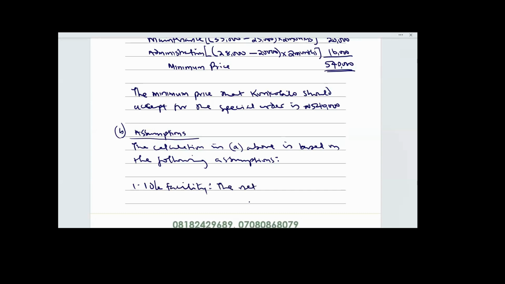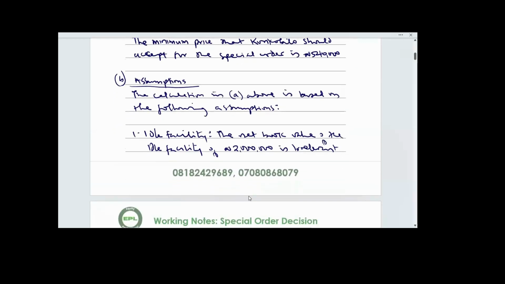The net book value of the hydro facility of 2 million naira is irrelevant. Why is it not relevant? You can't just say it's irrelevant. You need to tell us why it is not relevant. It is irrelevant because it's an historical cost. That's it. We are done with that.